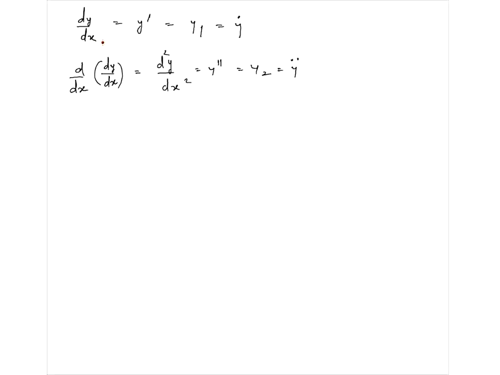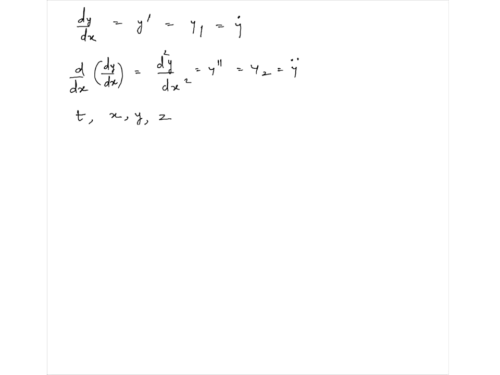If some rocket is traveling in space, then as time changes, its x position may change, y position may change, z position may also change.